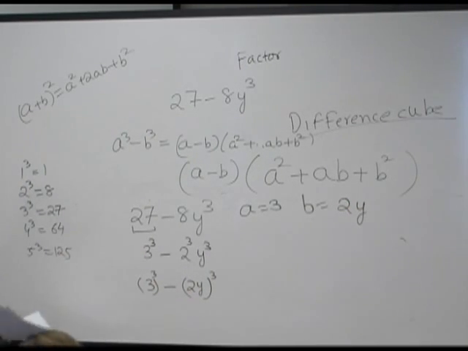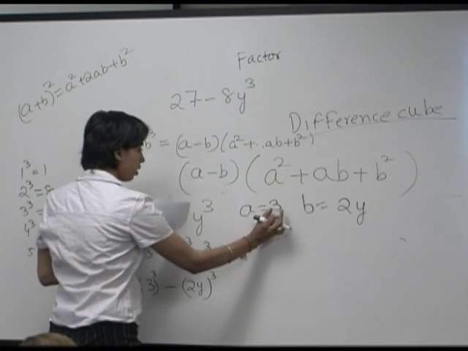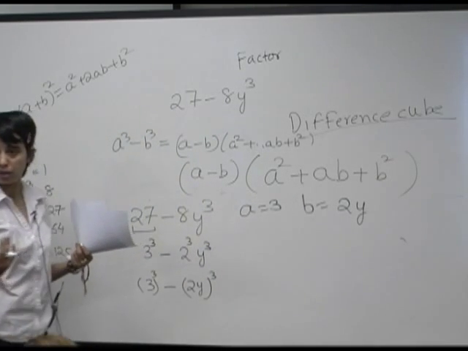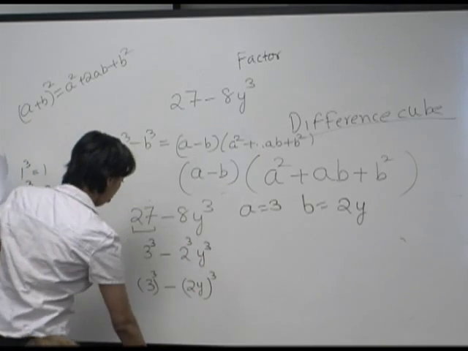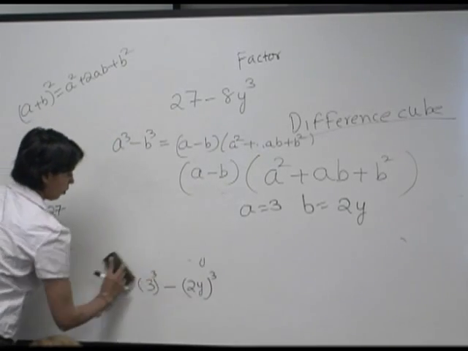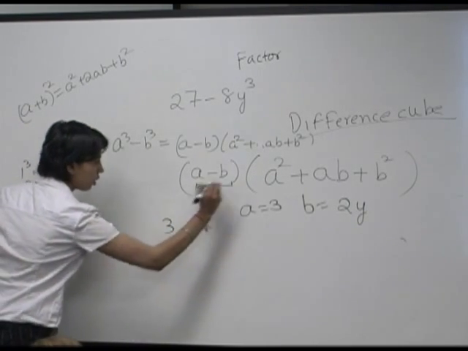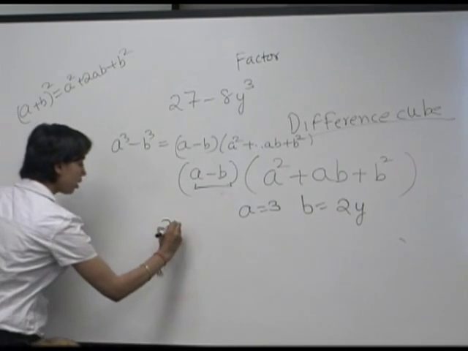Alright. Once you have a and b and you know the formula, just replace a by the number and b by whatever quantity you have. So let's plug this value into the formula. a is 3, so this becomes 3 minus 2y.